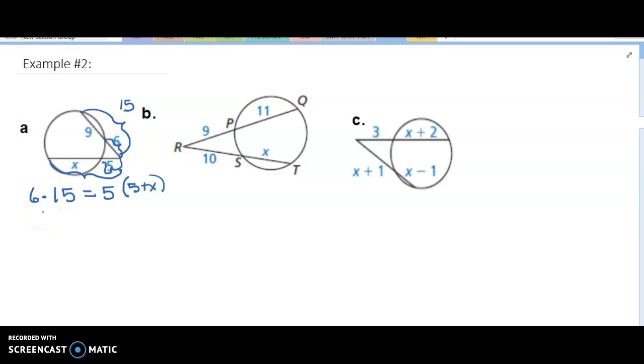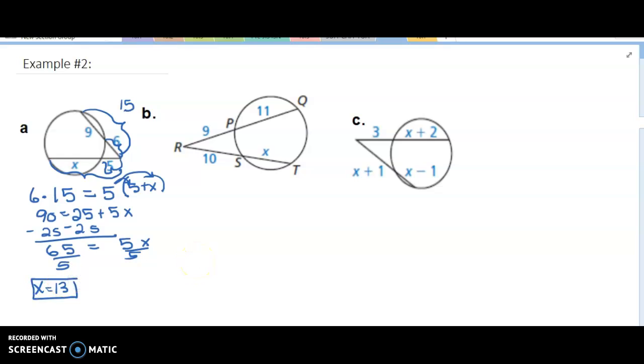All right, so 6 times 15 is 90. So 90 equals, we'd have to distribute this. 5 times 5 is 25 plus 5x. Subtract 25 on both sides. So this would be 65 equals 5x. So then x has to equal 13.